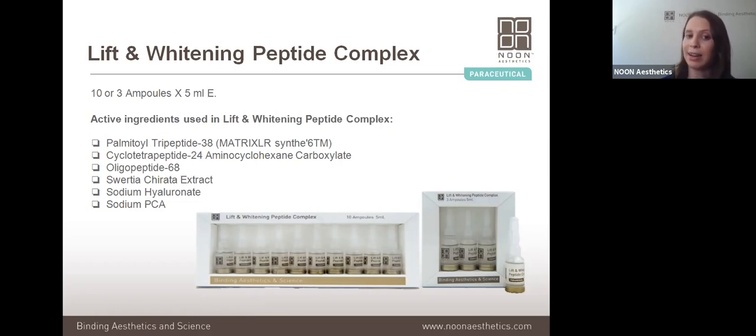It's helping the fibroblasts that are creating the elastin to create more. So that means really a lift and a short story. So this is the origin of the name, lift and whitening. It can really help us with this hyperpigmentation plus treating different states.